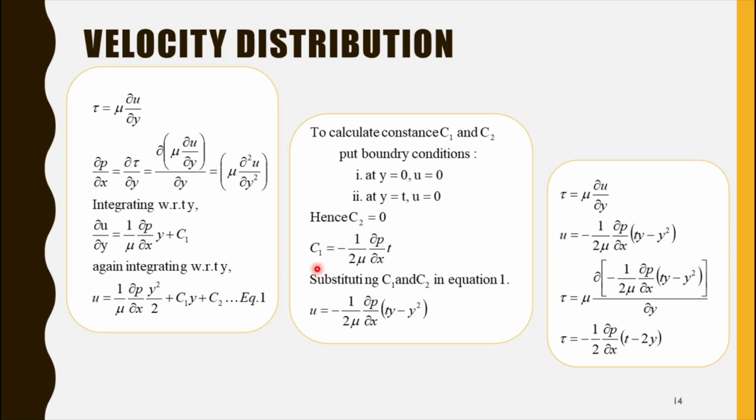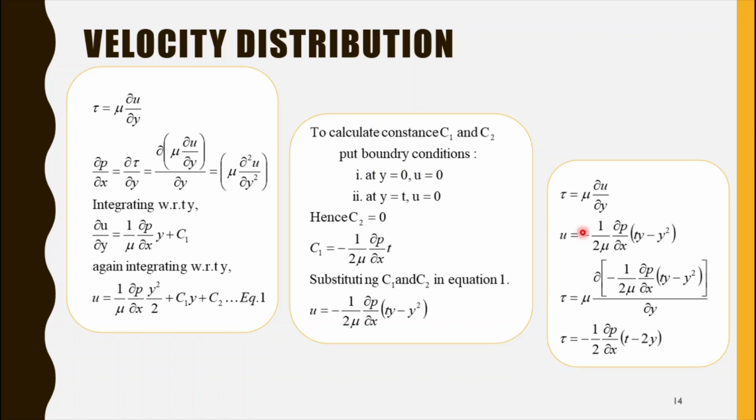Let's put these constants into our equation 1. We get the local velocity u is equal to minus 1 by 2 mu del p by del x into (ty minus y square). So this is our velocity equation. Now our shear stress equation is tau is equal to mu del u by del y. If we put this local velocity u in the shear stress equation, we can get the shear stress.